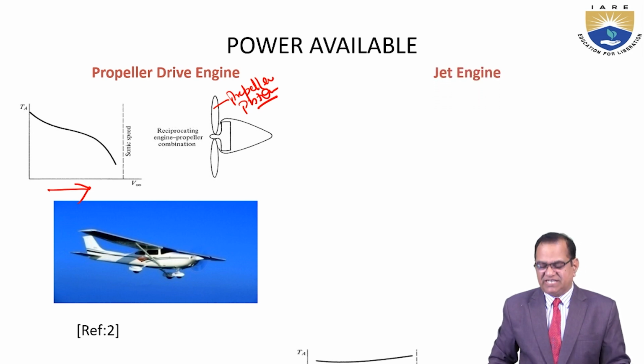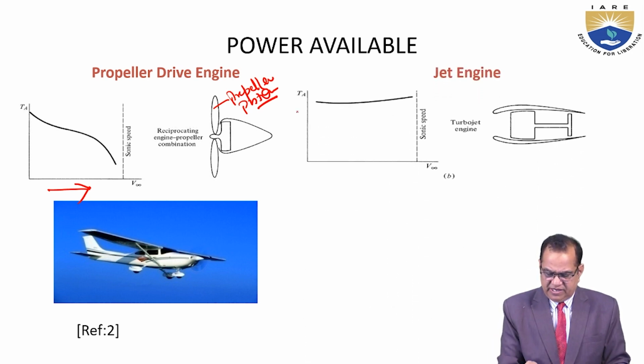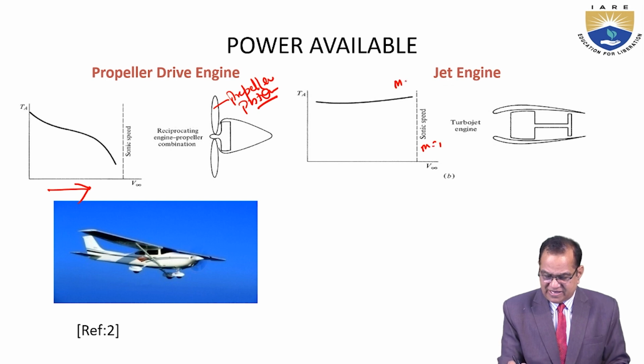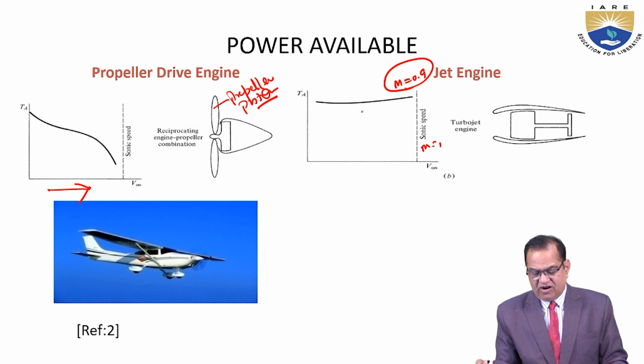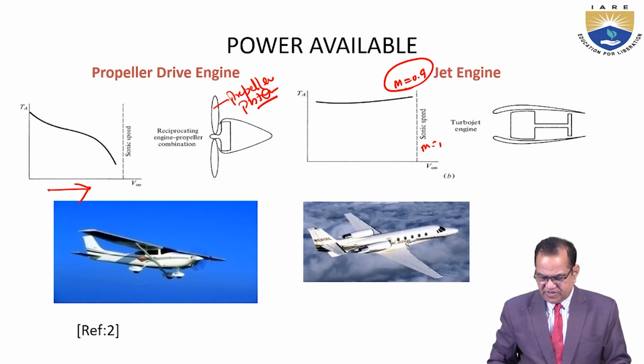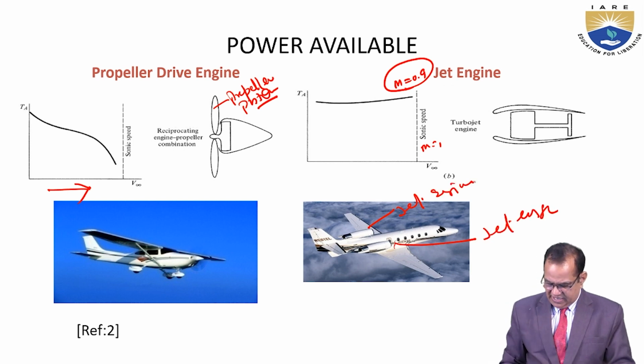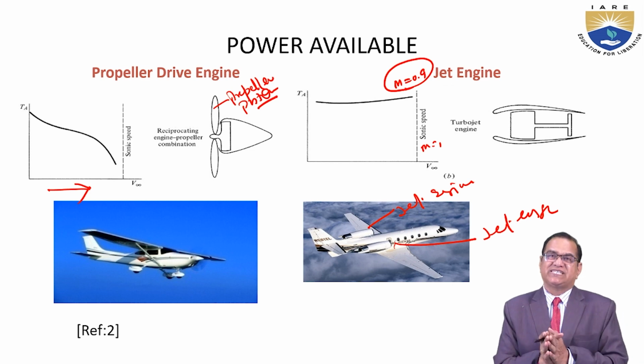If you see the jet engine, as per the velocity, it is not decreasing. I think this is Mach 1. Up to Mach 0.9, it will keep the aircraft at constant speed. Here, turbojet engines are used, so very unique features are there.